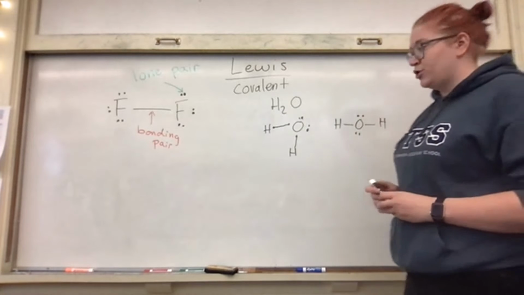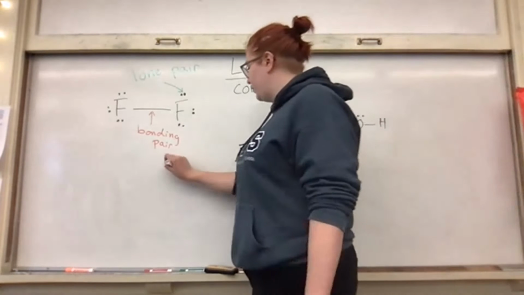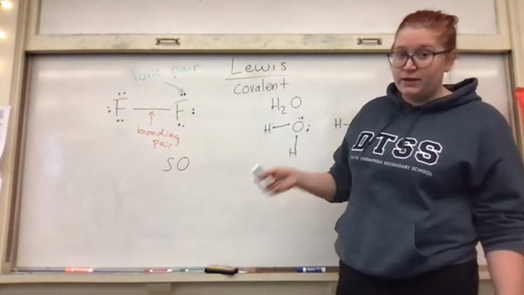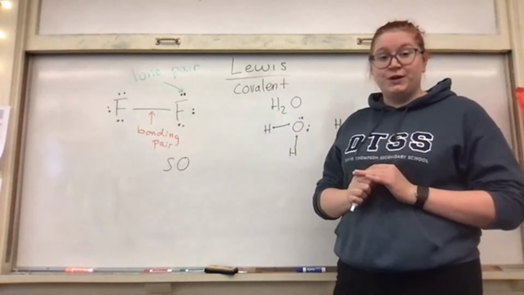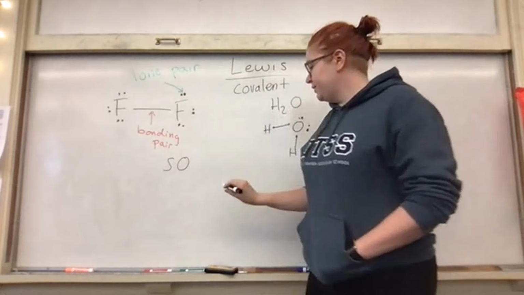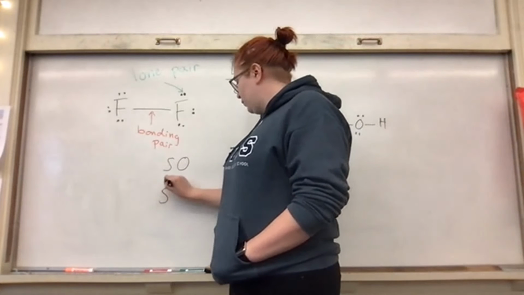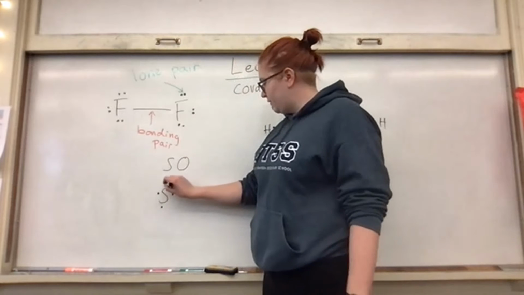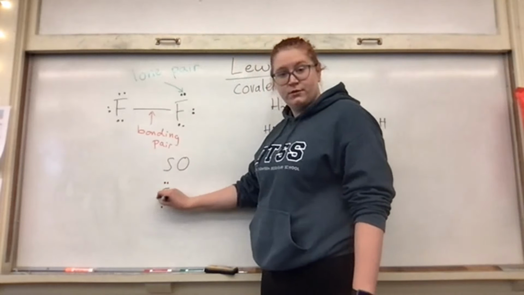Okay, last one I'm going to show you is sulfur oxide. Actually, sulfur monoxide, as you'll learn when we get to naming in lesson 4. So here's sulfur, 1, 2, 3, 4. I'm going to draw it this way, 5, 6.